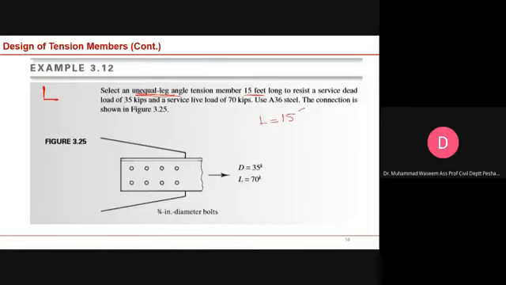and it has to resist a service dead load of 35 kPa and service live load of 70 kPa, and the Fy value, and you have to use A36 steel. The Fy value is 36 ksi, and the Fu value is 58 ksi.